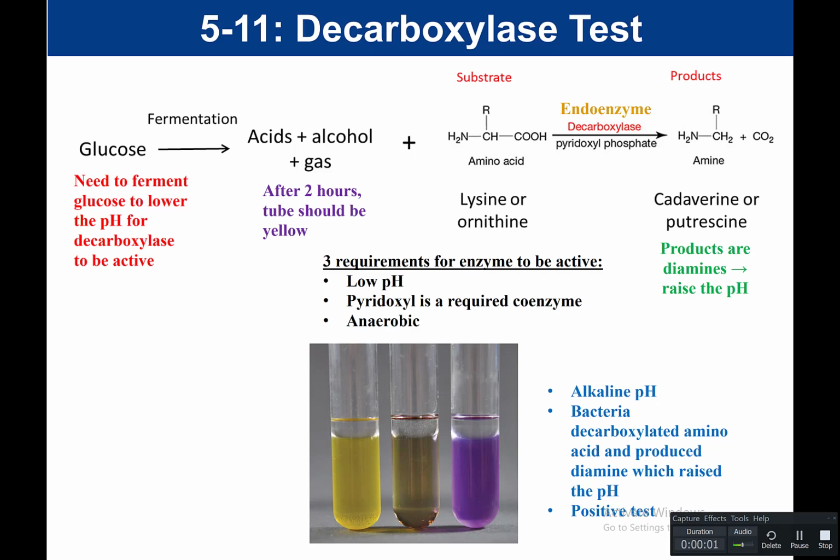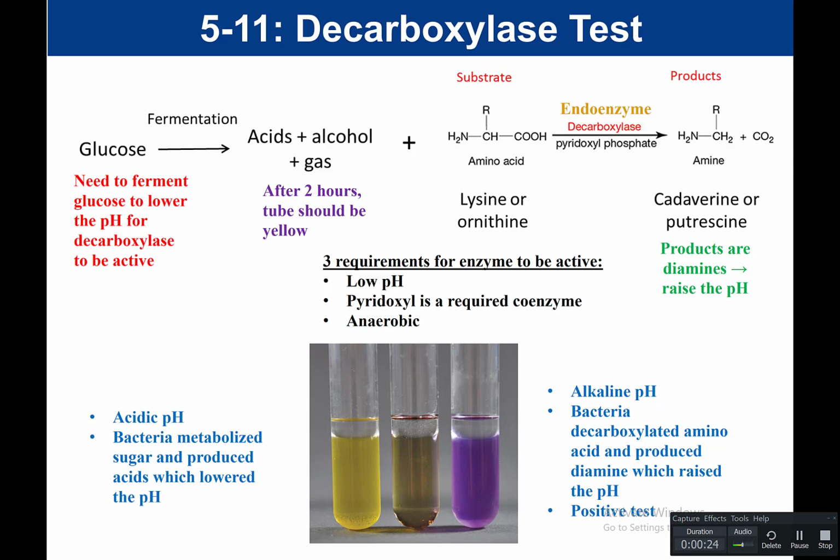So now let's talk about what the yellow color tells us. Yellow is going to be acidic. And so if our pH is acidic, what did the bacteria use as a food source? Well, if they produce acids, that means they metabolized the sugar.